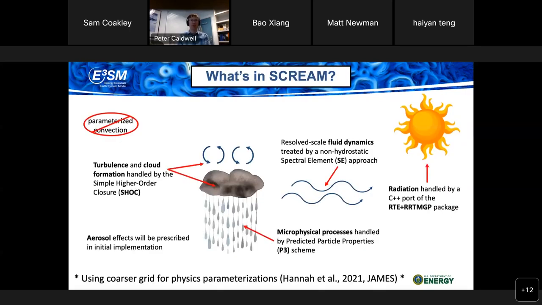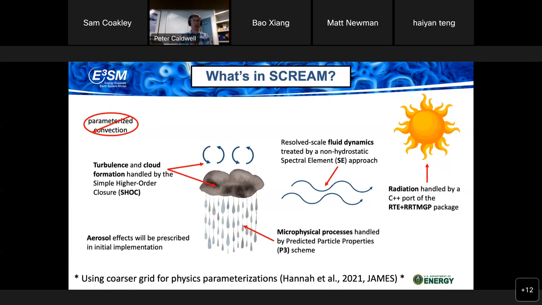Okay, so let's talk about more of kind of the atmospheric science side of things. I mentioned before the goal here is to not parameterize convection, or at least deep convection. We're using a turbulence and combined cloud scheme called SHOC, which is able to handle skewed PDFs like what you would get with convection.